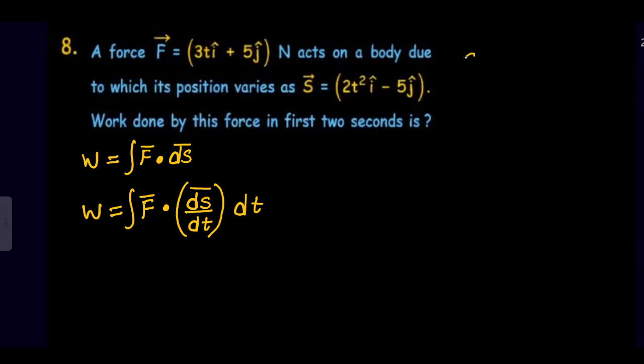Now the displacement S is given in terms of t, which is 2t square I cap minus 5j cap.